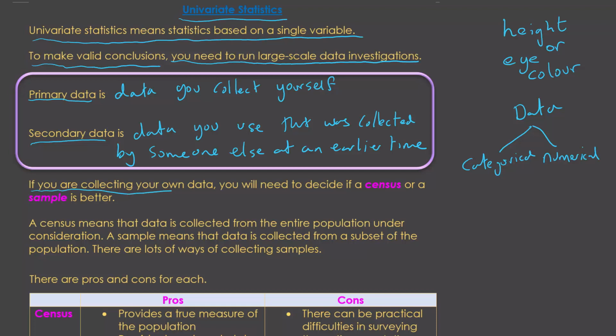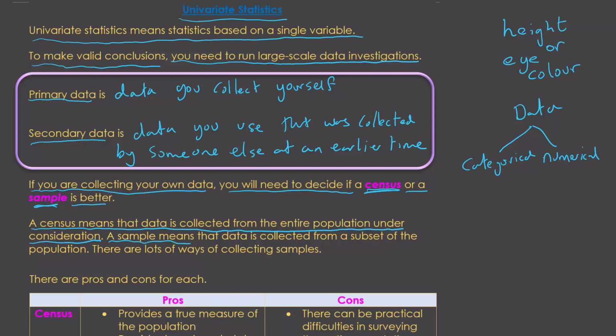If you are collecting your own data, you will need to decide if a census or a sample is better. A census means that data is collected from the entire population under consideration. The population under consideration might be adult Australians, or it might be the people in your maths class.